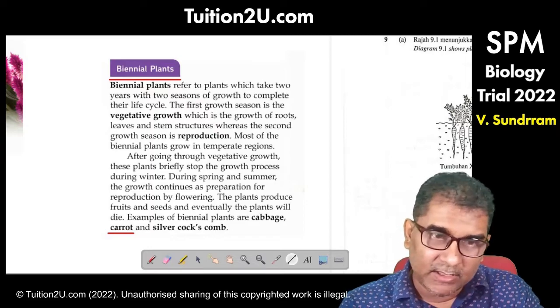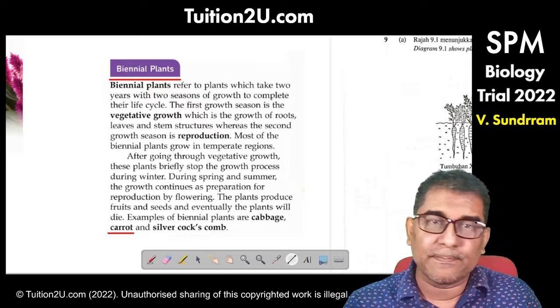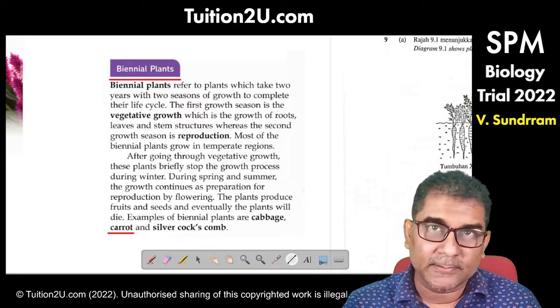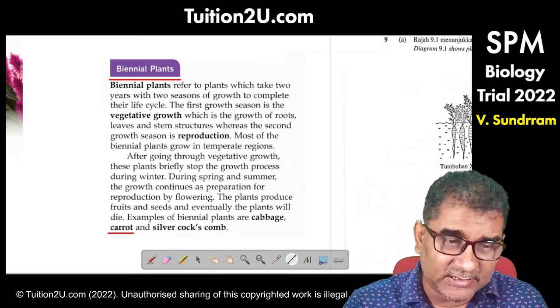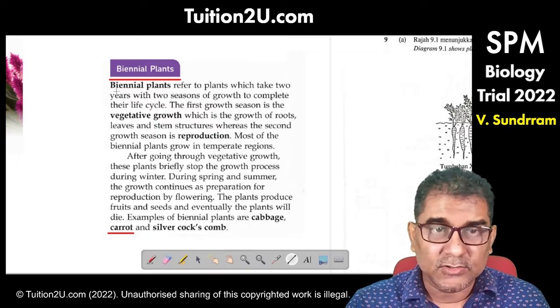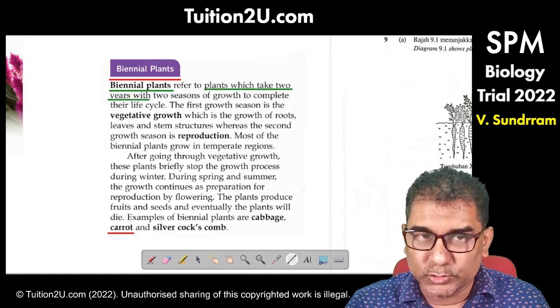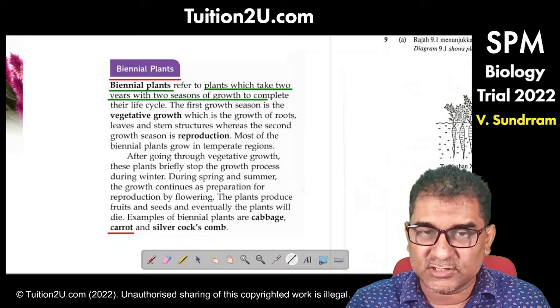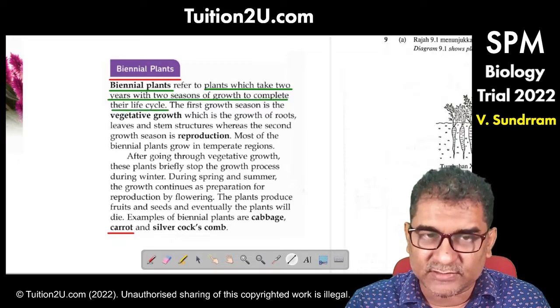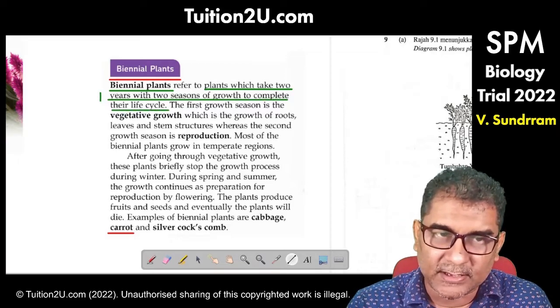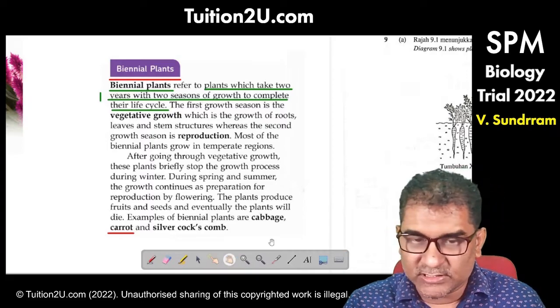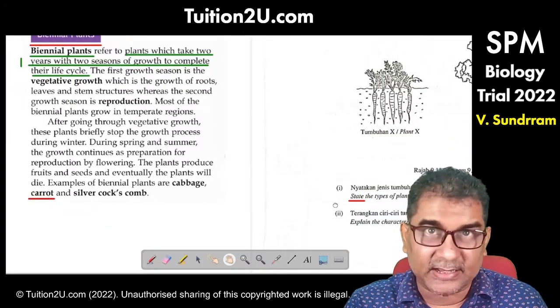You identify: this is a carrot plant, it is a biennial plant. That's 1 mark. What are the characteristics of biennial plants? Biennial plants take 2 years or 2 seasons of growth to complete the life cycle. This is 1 mark. The second question asks us to explain the characteristic.